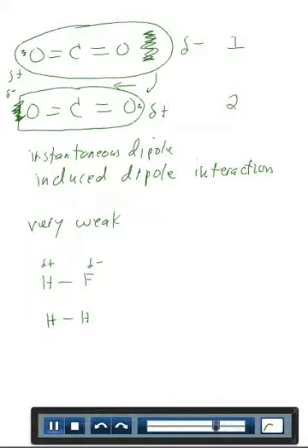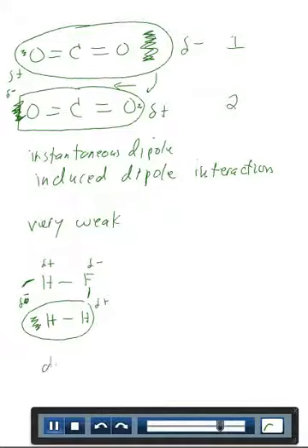So it can push electrons in H2 so that this end becomes partially positive to interact here, and this end becomes partially negative to interact here with this hydrogen.